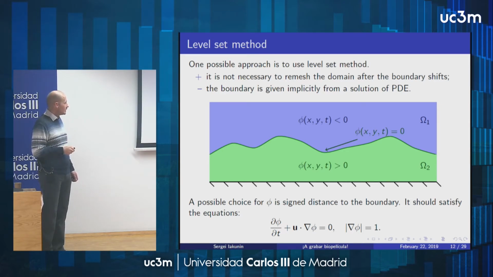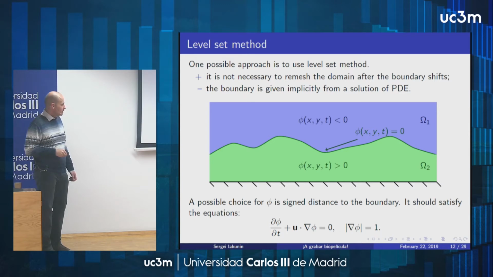The disadvantage is that this method is implicit and we have to solve an additional partial differential equation to find function phi. And this equation is just a transport equation where we have the derivative of this function with respect to time plus transport of the gradient of this function with the velocity of production of biomass equals 0.